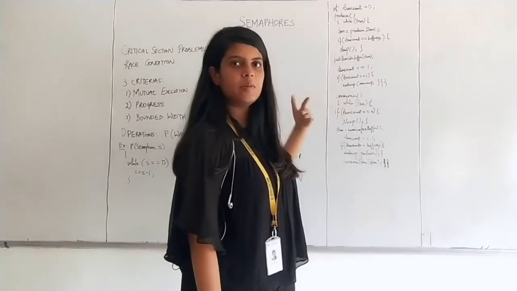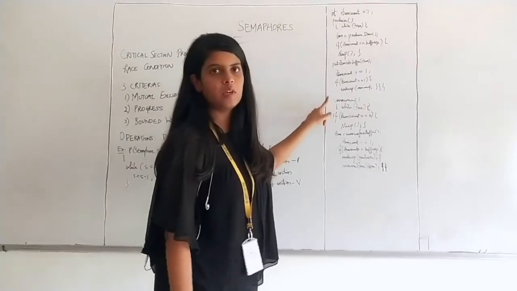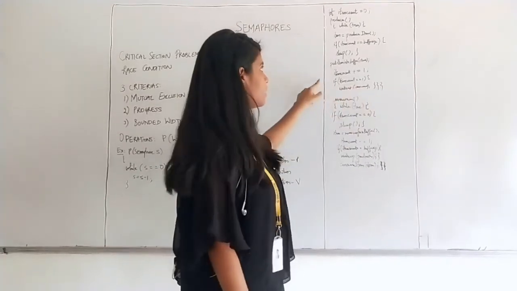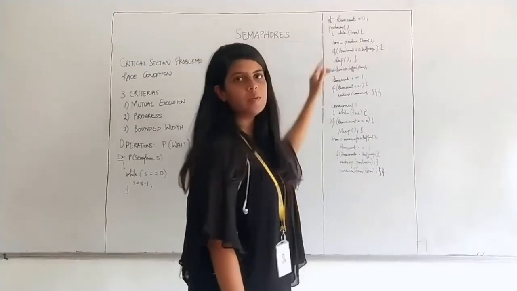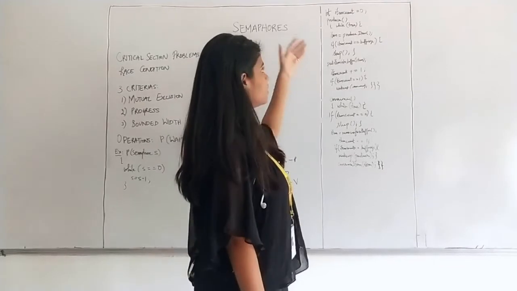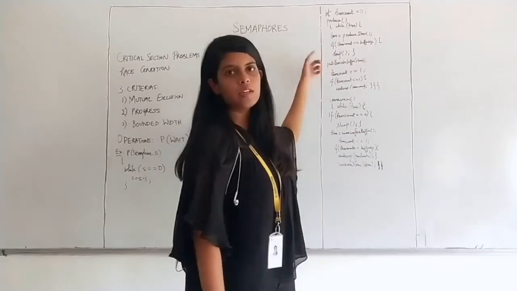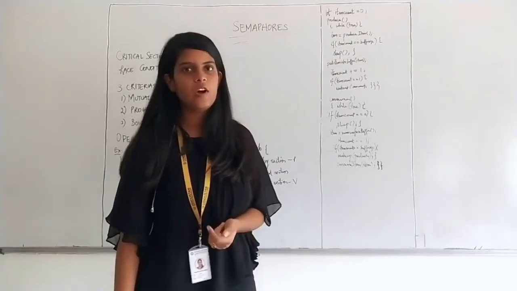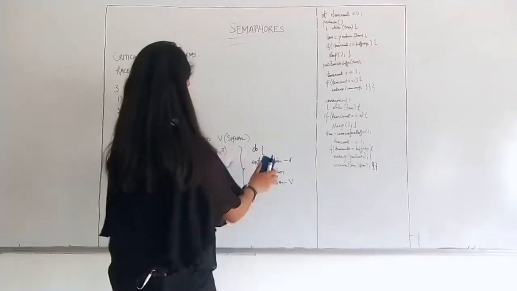But since the consumer is already working, it goes to sleep because of the loss of the wake-up call by the producer. The producer produces items into the buffer until the buffer is full. When the buffer is full, the producer also goes to sleep. Hence, both the producer and the consumer are asleep, which results in a deadlock because none of the processes are actually working.